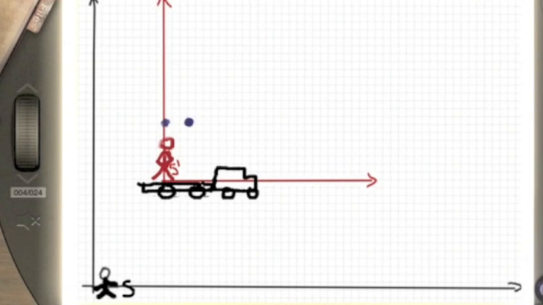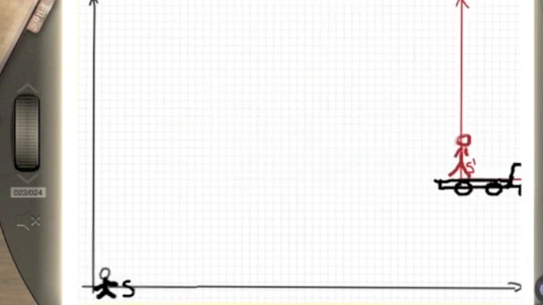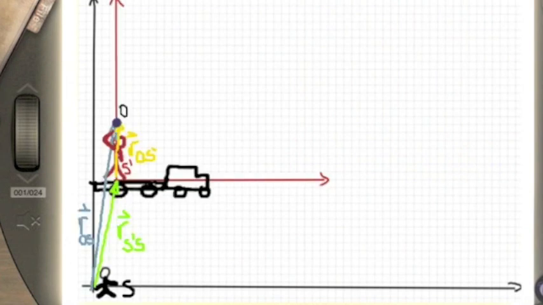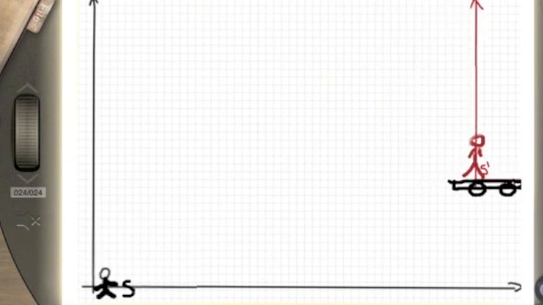The velocity of the ball with respect to system S prime, as we measured before, is 1 meter per second. So observer S prime measures the velocity of the ball as being smaller than the velocity that observer S measures.